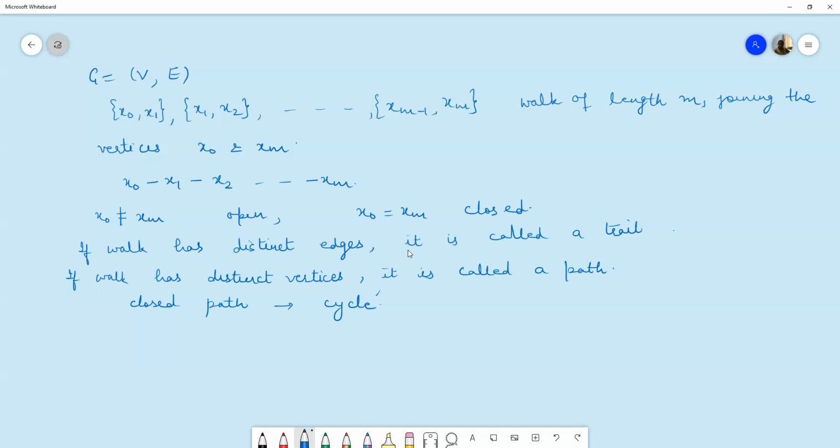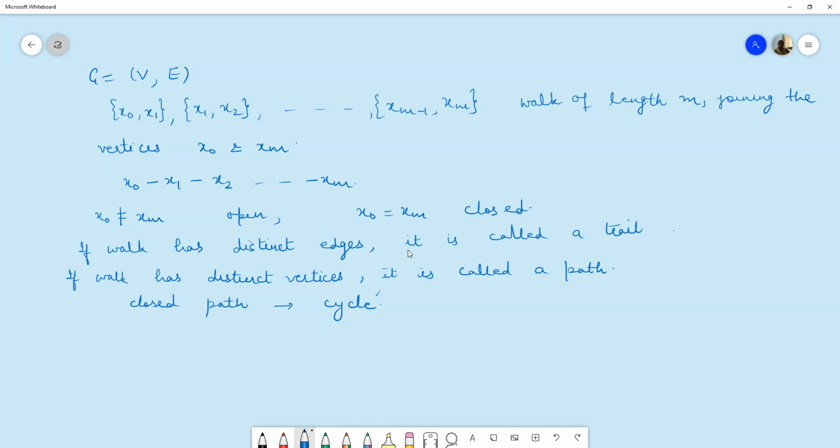Because here we are saying that it has distinct edges, but it may have repeated vertices. So we will partition this trail in such a way that we get a path joining x0 and xm, and the remaining parts determine cycles. The edges of a closed trail can be partitioned into cycles, we can say.